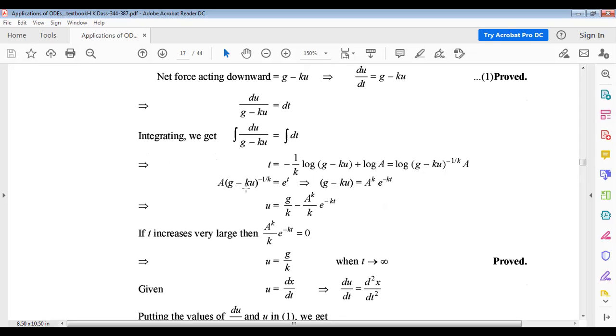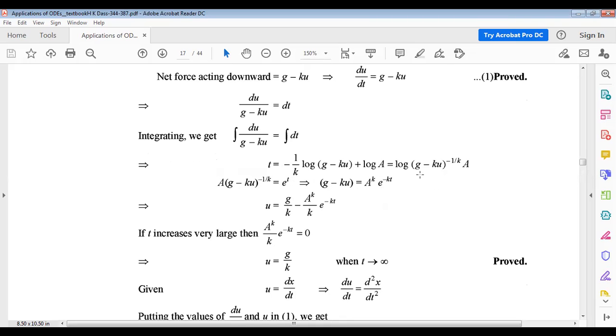Taking power k on both sides, it will give a to the power k, and this to the power k means what? k cancelled. Understand? And this will be what? e to the power kt.